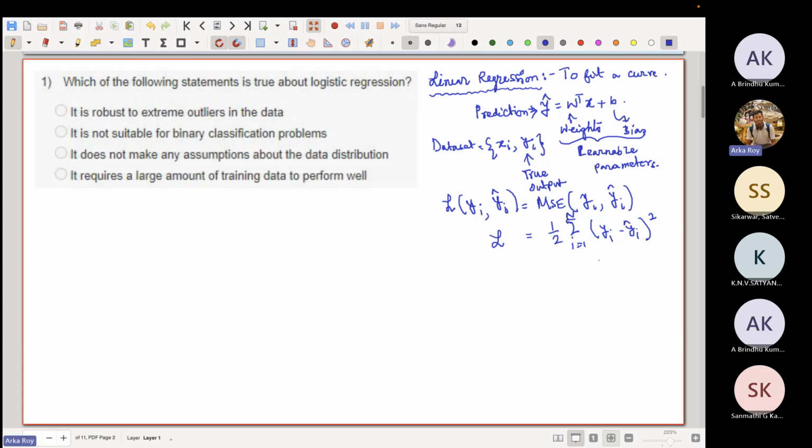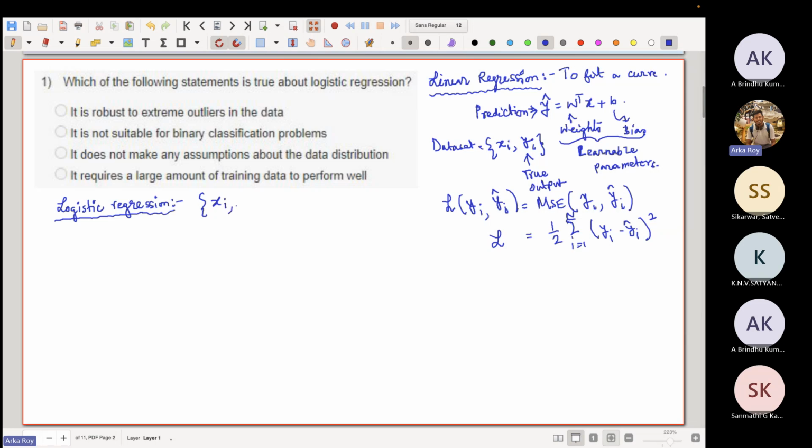Now, logistic regression is an extension of this linear regression. In the case of logistic regression, you try to predict, and your dataset looks like this.